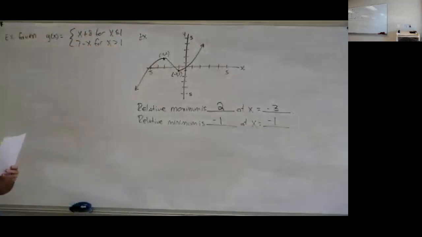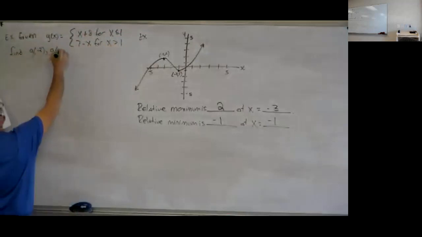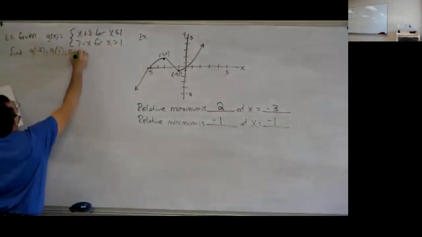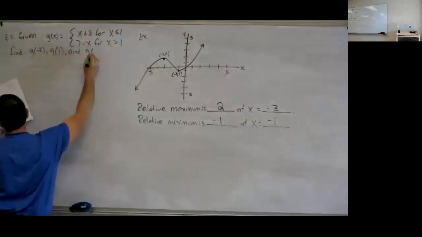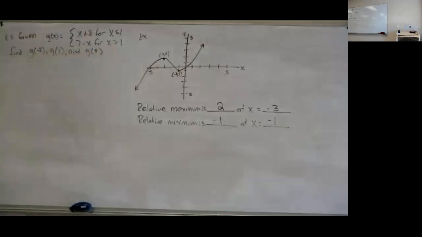They want me to find 3 things. They want me to find g of -3, g of 1, and g of 5. So for each one of these, you got to figure out what your x value is going into the equation. Which equation would I use based on that x value? Plug that x in and get me the answer.